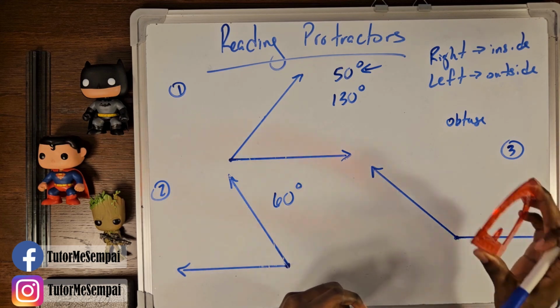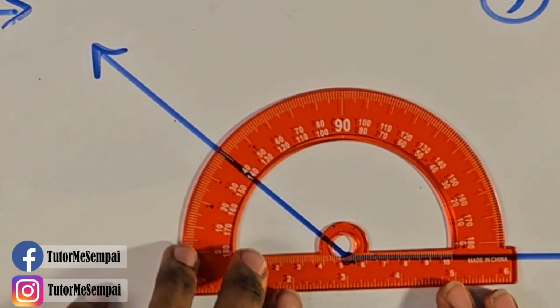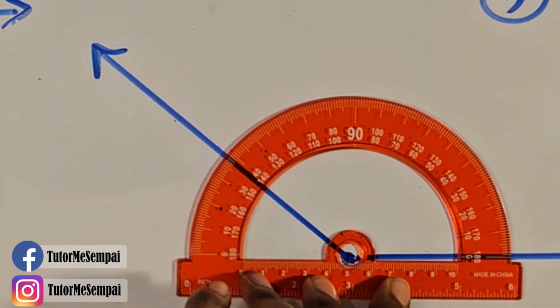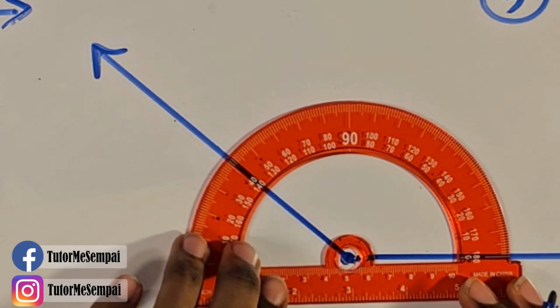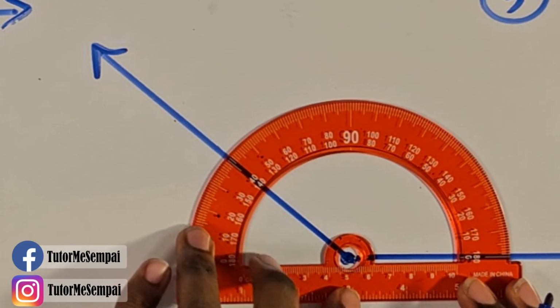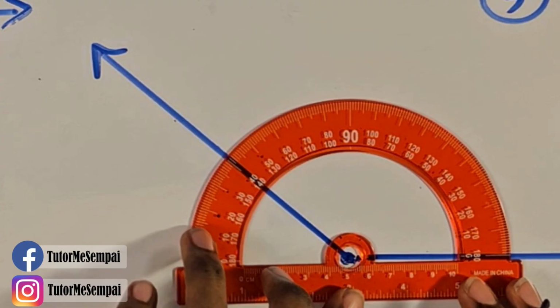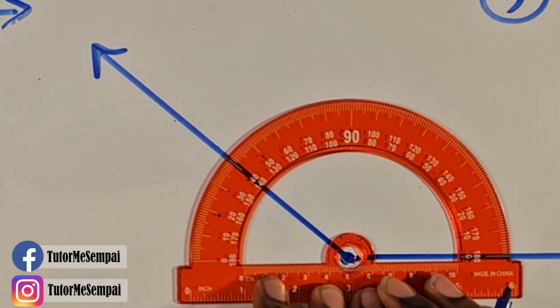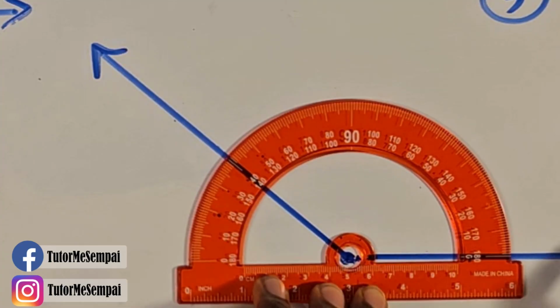You're going to do it the same exact way. Line it up the same exact way you did your acutes. See, my angle measurements start here. We're centered, or trying to be centered. All right? Now, what are we going to do? Are we starting from the left or the right? Well, our angle's arrow is on the right.